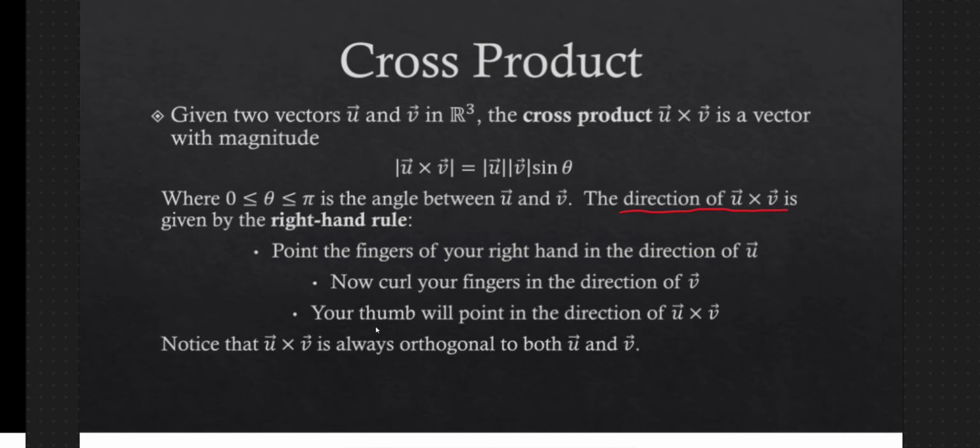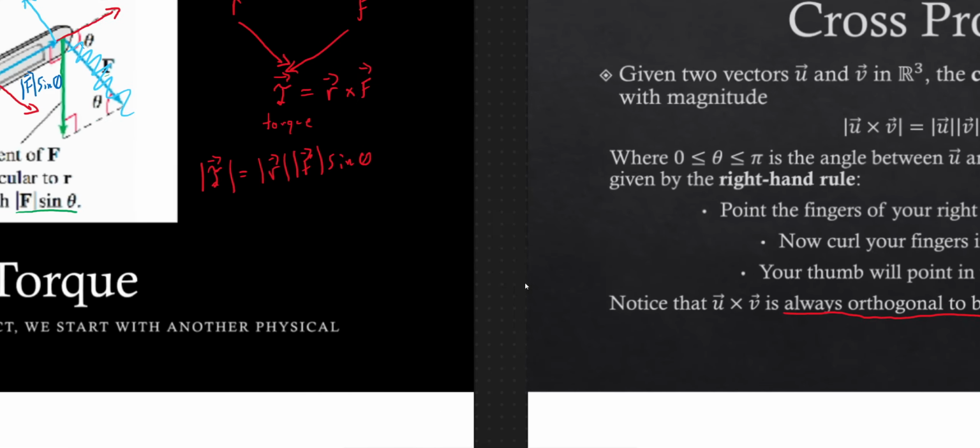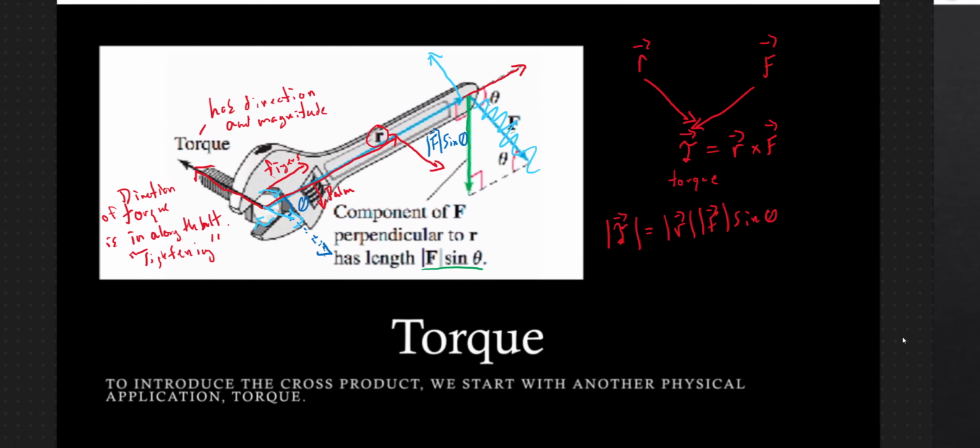Now, a really important thing to notice here, and I'll hit this early with the cross product: u cross v is always orthogonal to both u and v. That is, it's perpendicular to both u and v. So go back to this picture here. I have my force, I have my lever arm. I can make a plane, if I want, out of those vectors. So let's take this as our force again. I can sort of form this plane here, where my lever arm and my force reside.